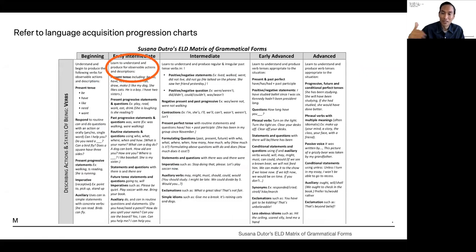As you go up the scale to intermediate, early advanced, you can go into more of the past and the present perfect, past perfect, all the way to the passive voice, which I'm going to allude to after. But you can see the continuum of the language being more and more complex. I'll show you how to look at this to simplify the language, but not stray from what you're doing in content.